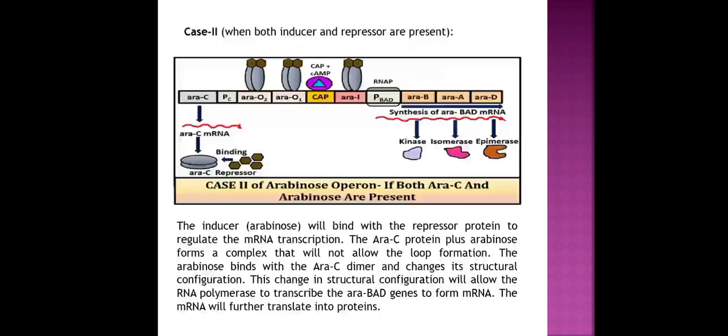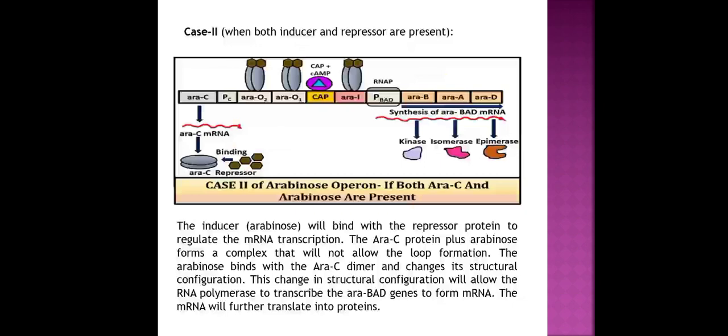Now case two is whenever both inducer and the repressor are present. We know that the Arabinose is an inducer within the Arabinose operon. It will bind with the repressor protein to regulate the mRNA transcription. Now the araC protein and the Arabinose form a complex that will not allow the loop formation, which is responsible to inhibit the binding of RNA polymerase.